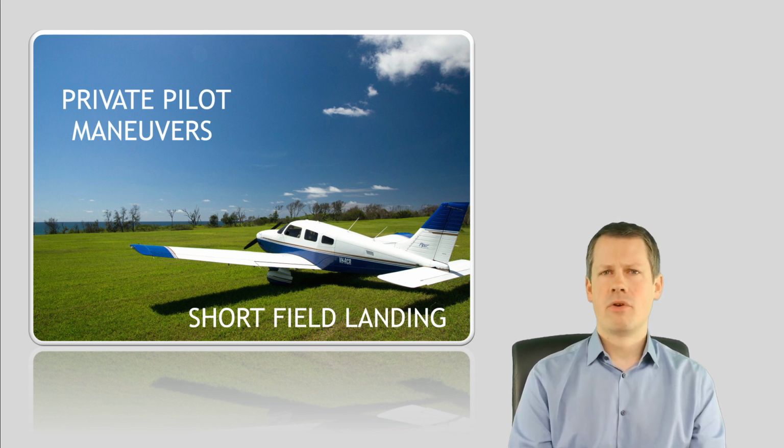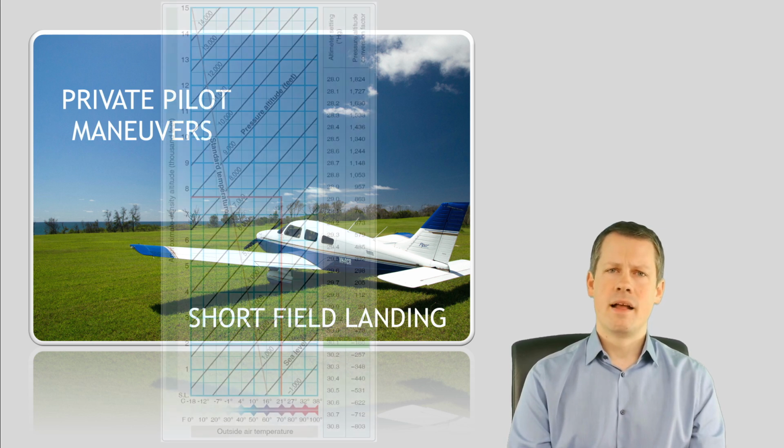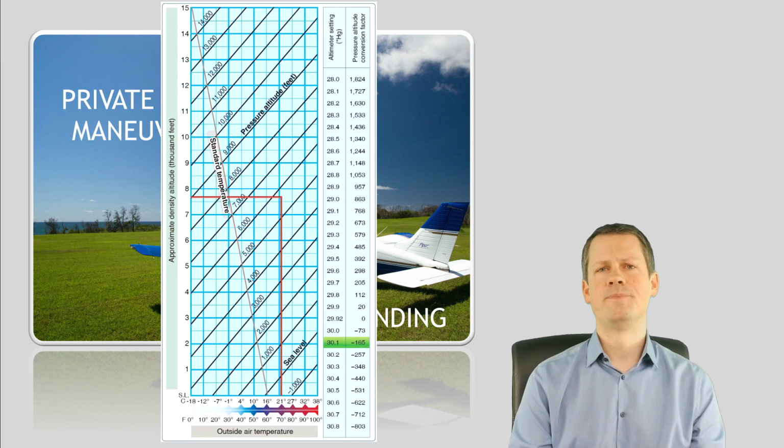Especially be careful, of course, just as in the takeoffs, at higher altitudes. So higher altitudes in terms of sea level, you have a higher density altitude, especially if the temperatures are abnormally warm. So really check your conditions.